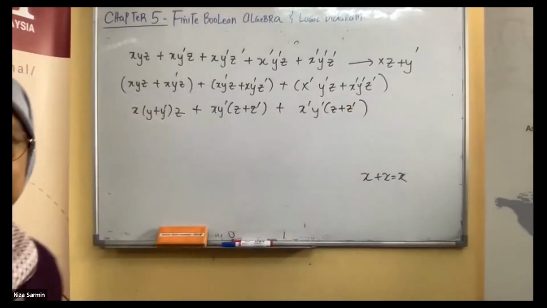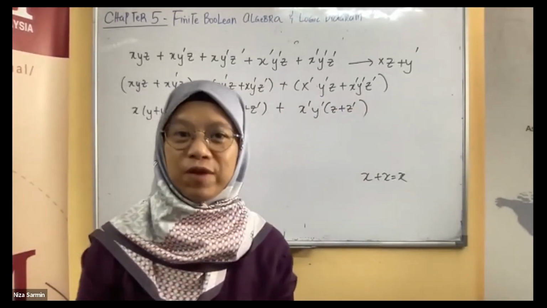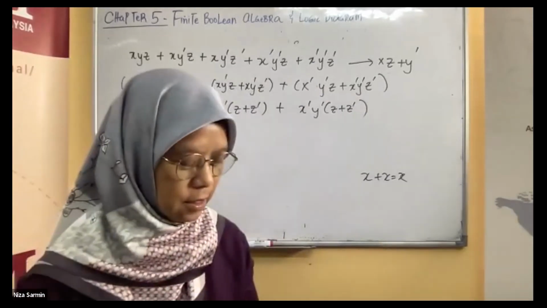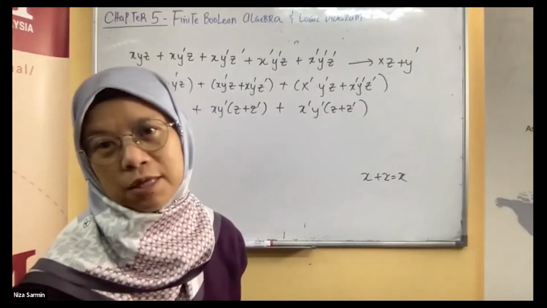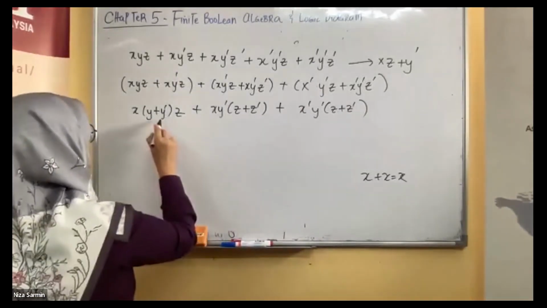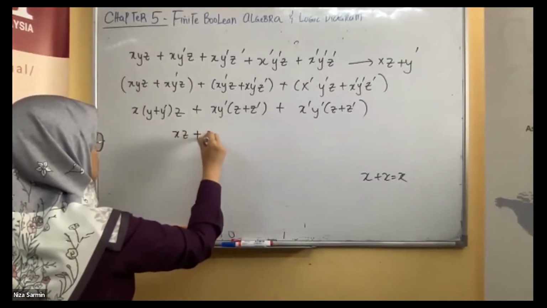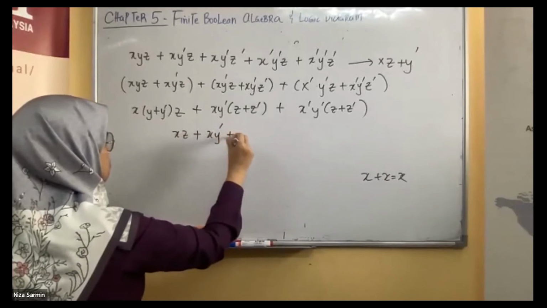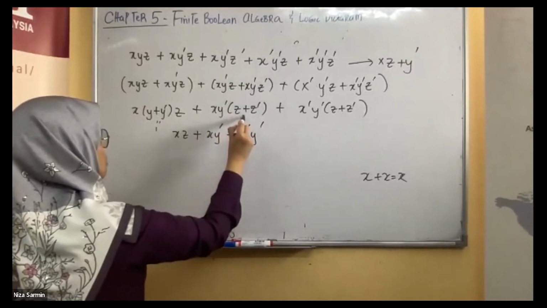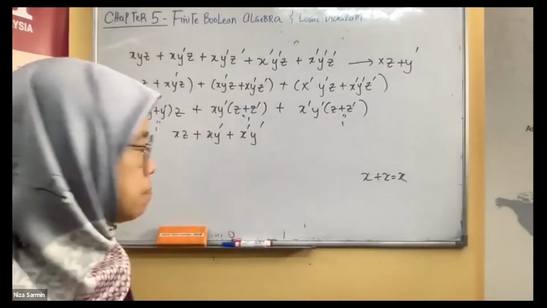So you take out whatever common factor. And then you use the fact that y plus y prime, x plus x prime is 1. So x times 1 times z is just x, z; x prime, y prime, because this is equal to 1.